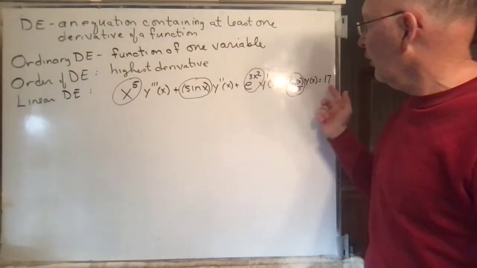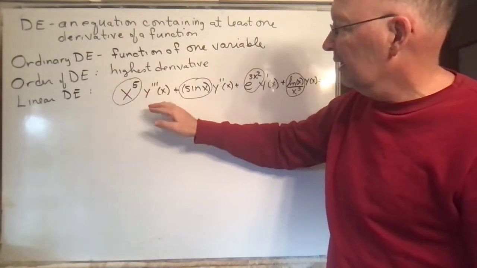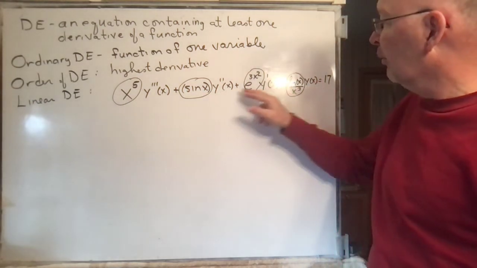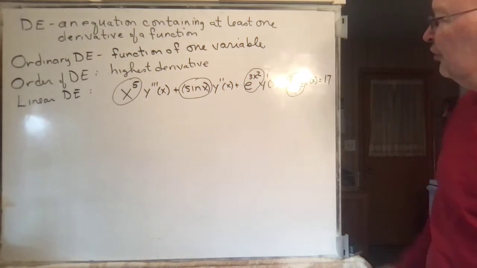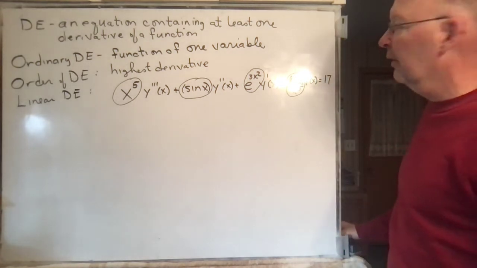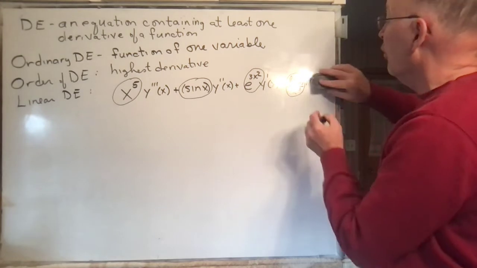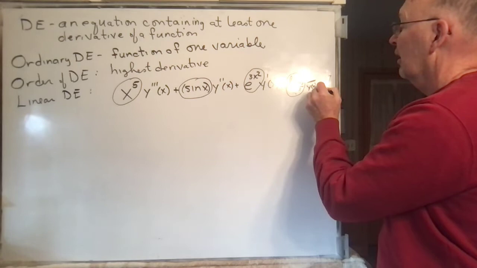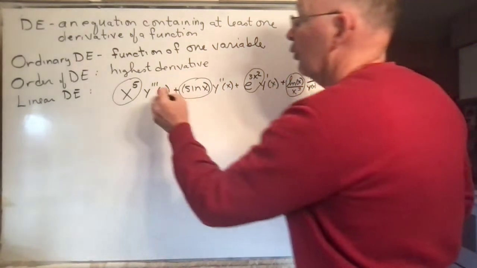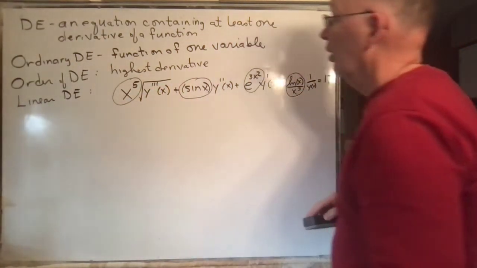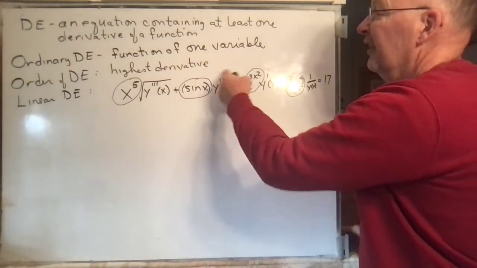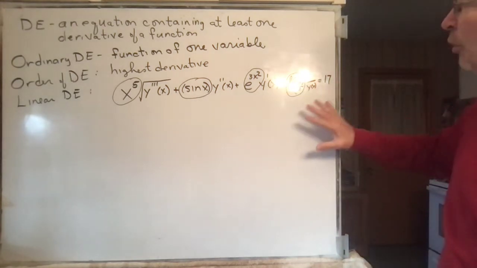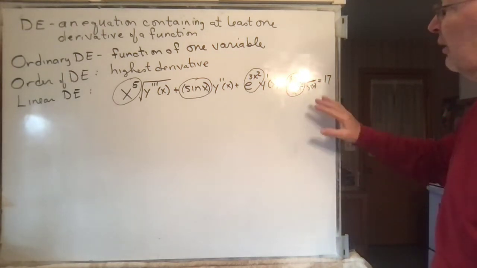You can do whatever you want with the variable, but the function itself just sits there without changing it at all. As soon as you do anything to this, so if we had 1 over y of x here, or if this were the square root of this thing, or anything to this thing at all, take e to the y or anything like that, then it's no longer linear.